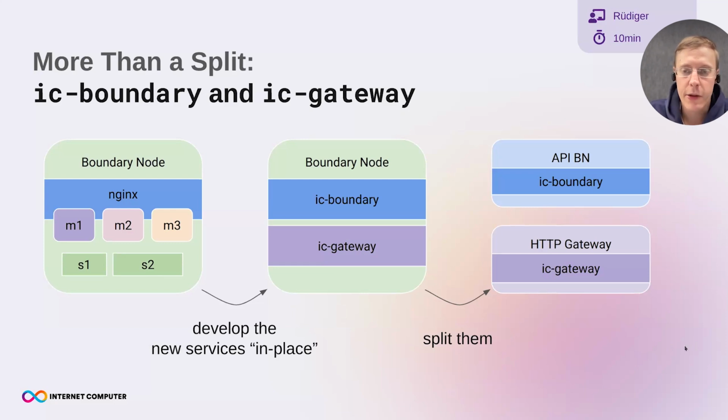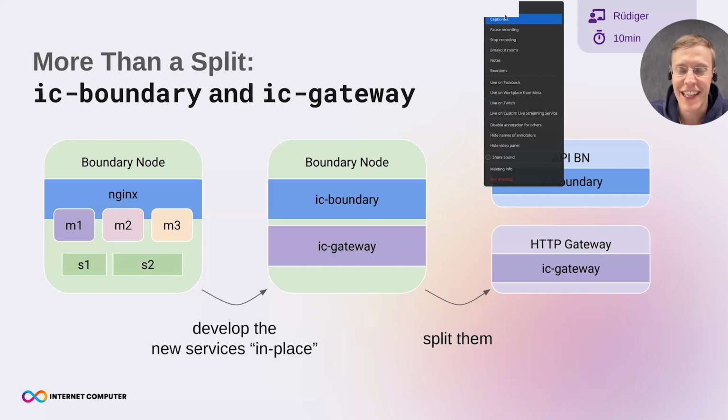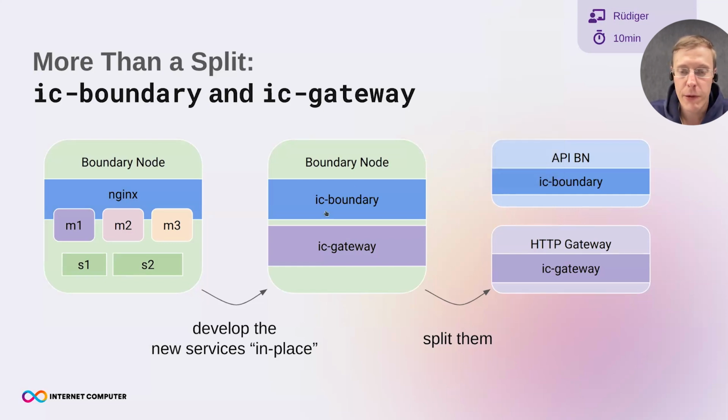I hope you actually didn't notice that we had this internal swap going on. We had it running in production for several months. Everything went smoothly so far, and I hope it stays like this. And we were ready for the split, which happened just a few days ago.